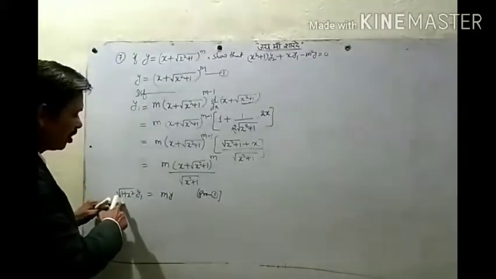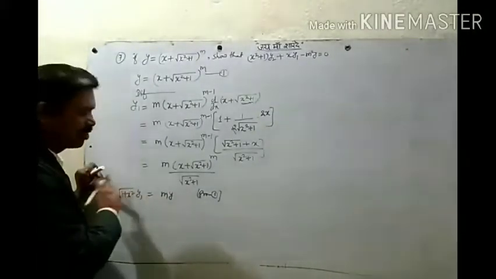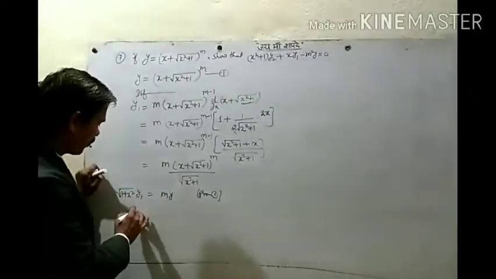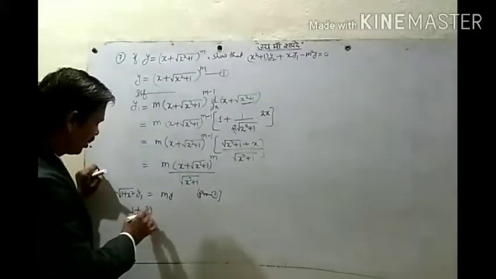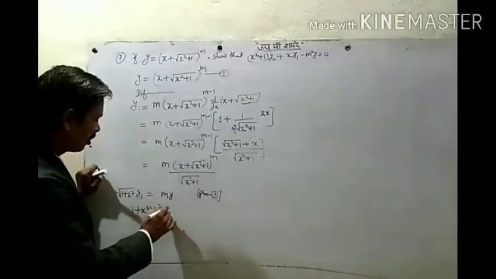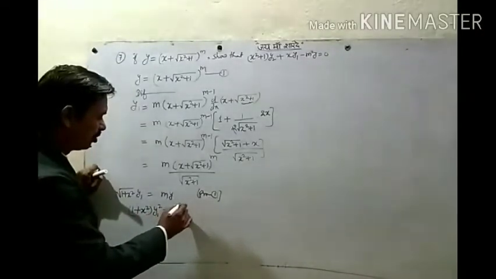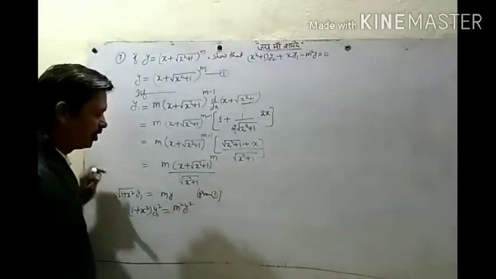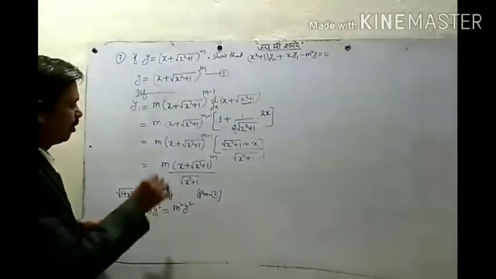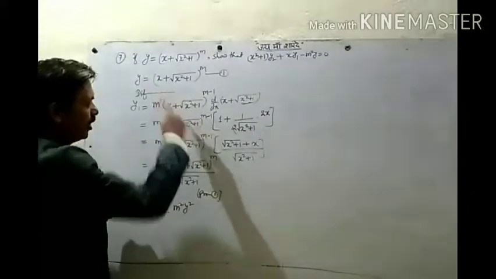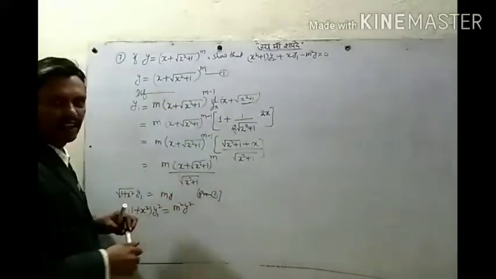There is a root, so we can eliminate this root by squaring both sides. Then we get 1 plus x square times y1 square is equal to m square y square. Okay? So with the help of the first equation, with the help of y, our y1 is in terms of y.